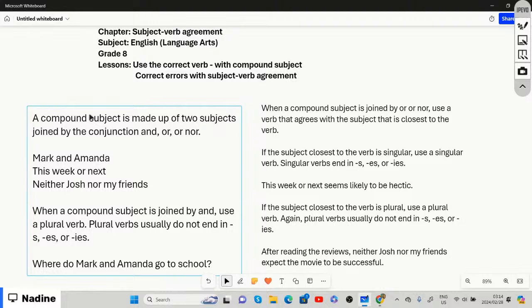All right. So when it comes to the compound subject that is closest to the verb, we have our singular subjects and we have our plural subjects, right? And the singular verbs end in s, es, or ies.